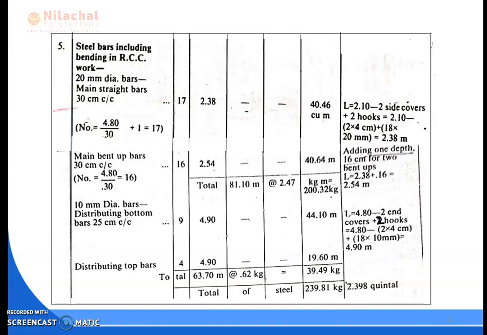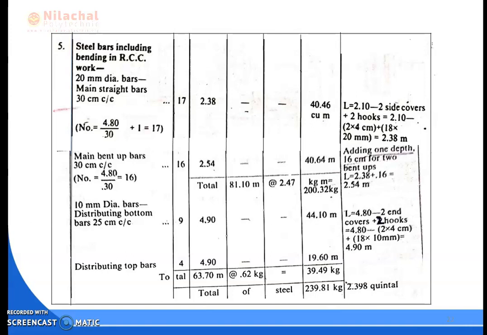First of all, you have to know about the types of bar and their conditions. In an RCC slab culvert, the main bar is used, and the other one is the distribution bar. What do we mean by main bar? What do we mean by distribution bar?